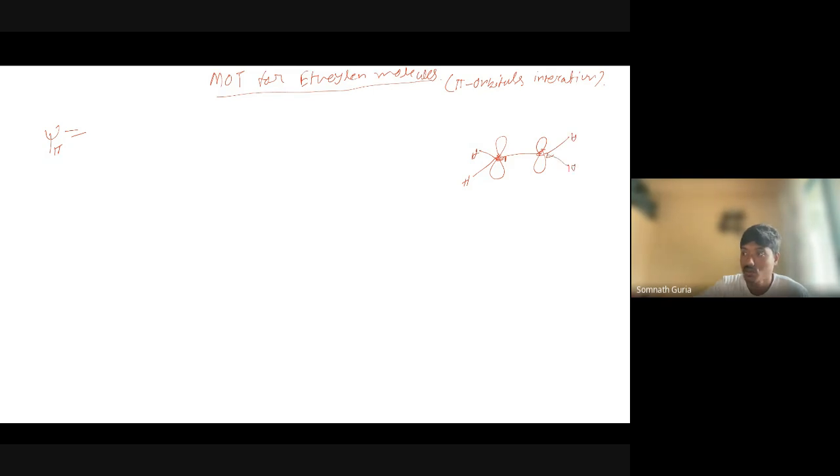We are only considering the function chi one and chi two. So we are considering psi equals C1 chi one plus C2 chi two, the pi orbital interaction.